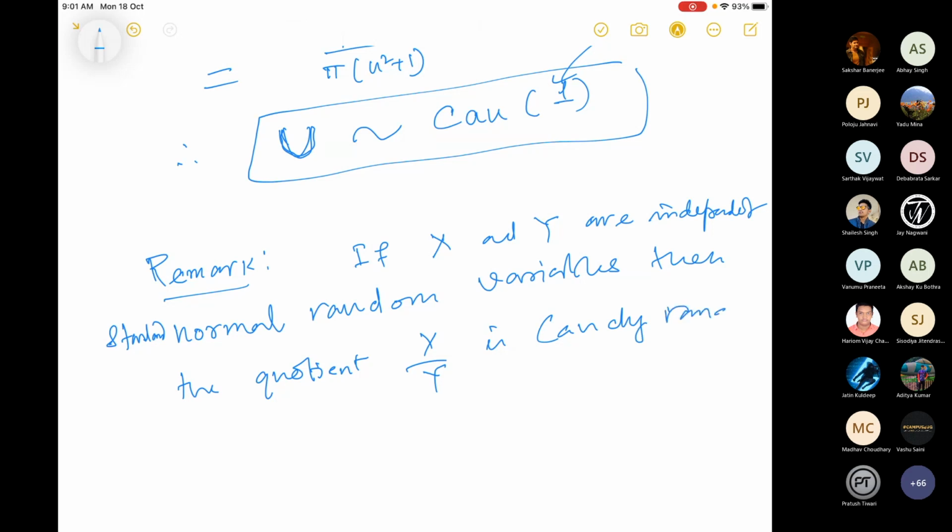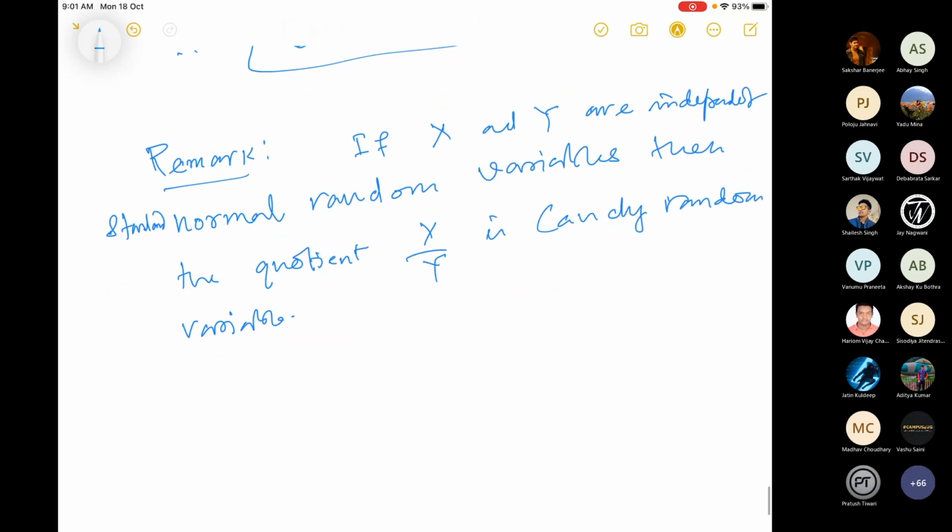So this is just an observation. However, the converse need not be true. I mean, if X by Y is Cauchy, it does not mean that X and Y are standard normal.